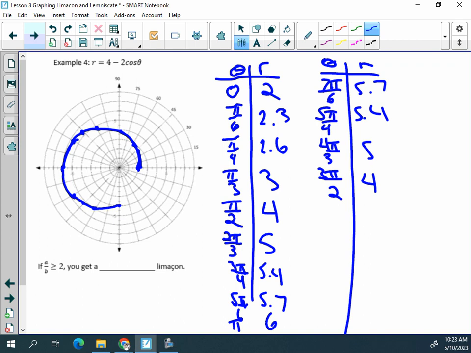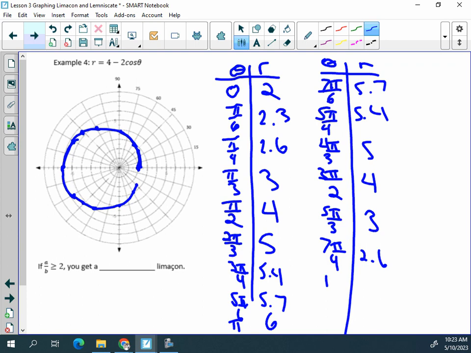Okay, and then when you plug in 5 pi over 3, cosine of 5 pi over 3 is 1/2 times 2 is 1, 4 minus 1 is 3. All right, and then we'll see symmetry from the beginning. So if you plug in 7 pi over 4, you're going to get out approximately 2.6.